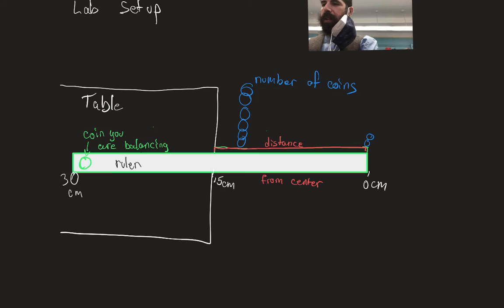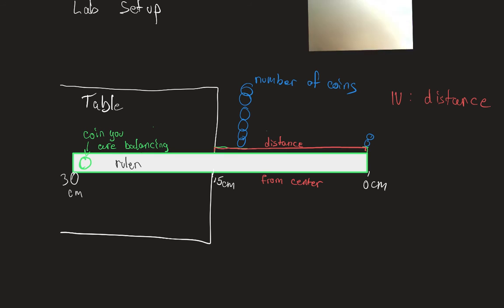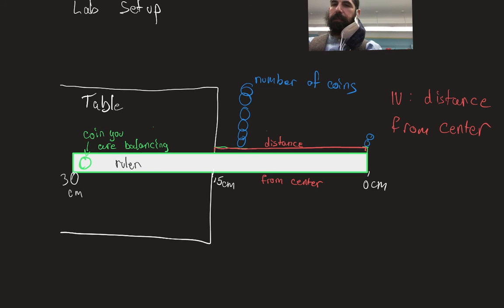One way to set up your experiment is with the independent variable as the distance from the center, otherwise known as the fulcrum.